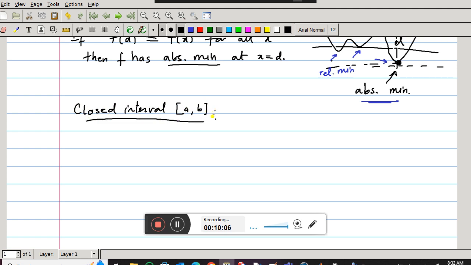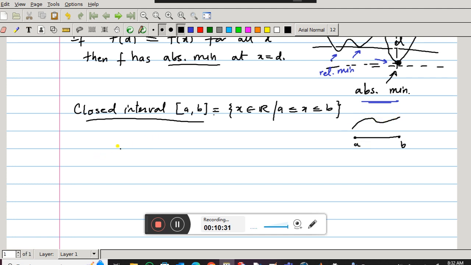You know that the closed interval is all real numbers x between a and b and the endpoints are included. You see, x is greater than or equal to a, x is less than or equal to b. So this interval, when a and b are included, is your closed interval, and the function may behave something like that.